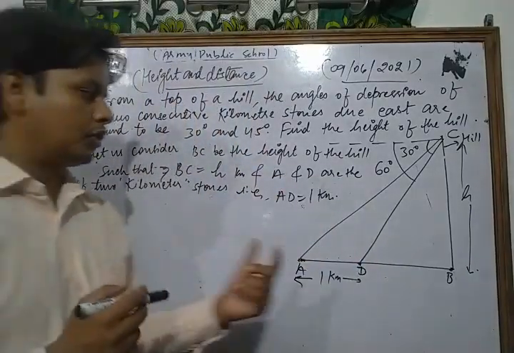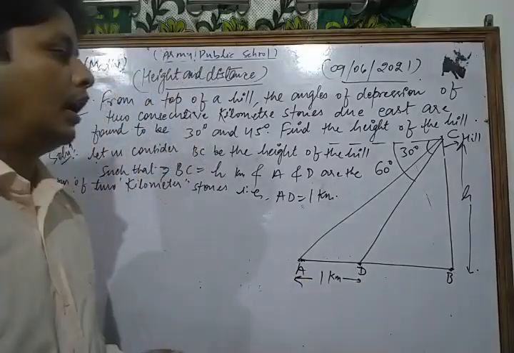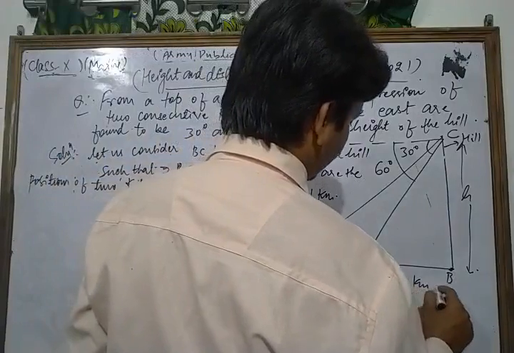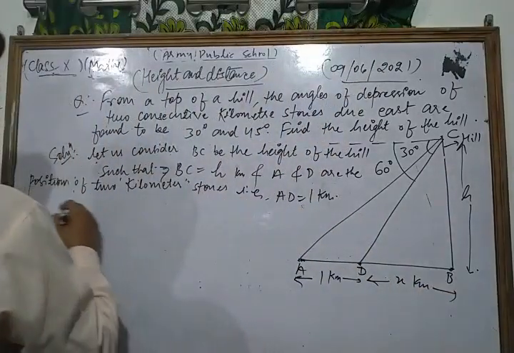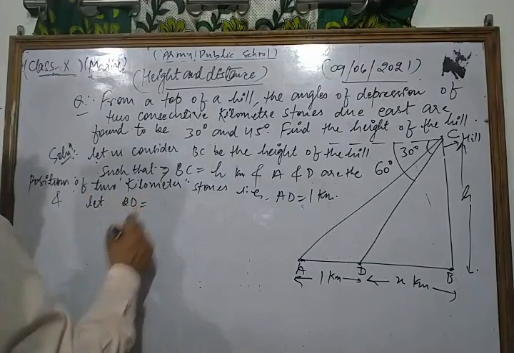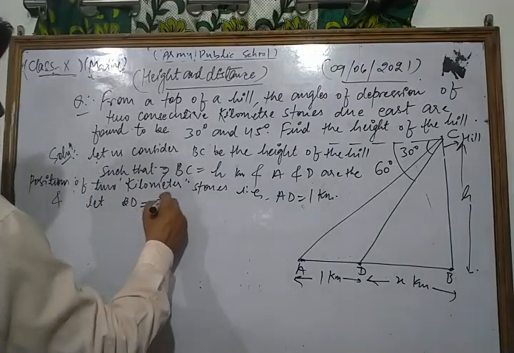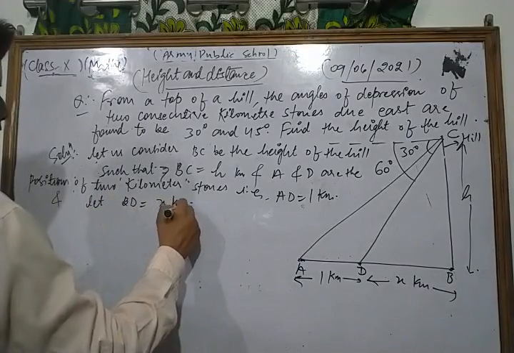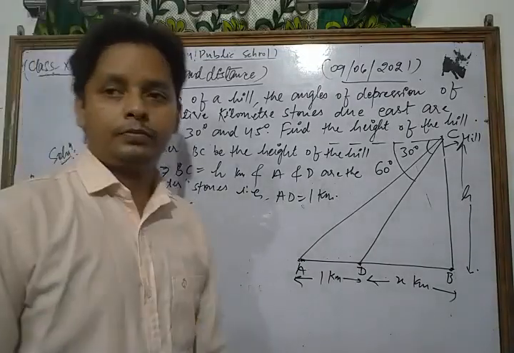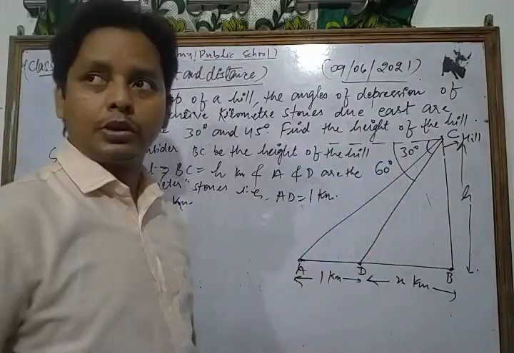Okay, this is the position of two kilometer stones. Now we take BD equal to x kilometer.